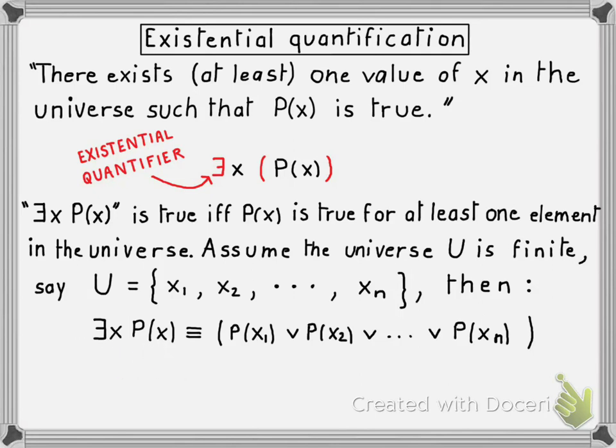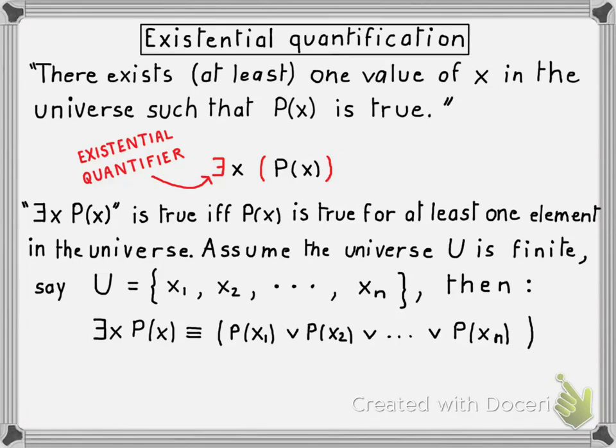So this value is either x1 or x2 or xn. So in other words, if this proposition is true, it must be the case that either P of x1 is true, or P of x2 is true, or etc., or P of xn is true. And that is the reason why these two propositions are logically equivalent.